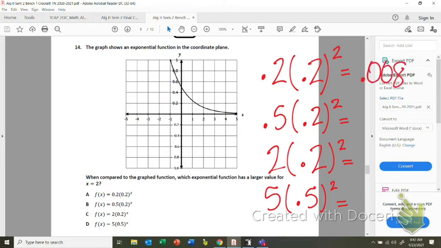All right, what about B? 0.02. What about C? And D? Out of those four things, which is the biggest number? D. Good job.